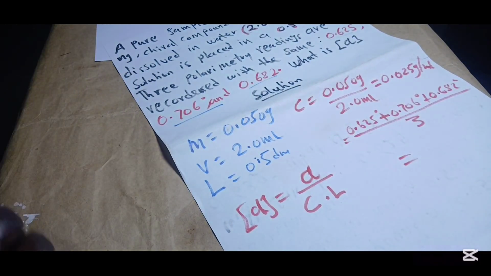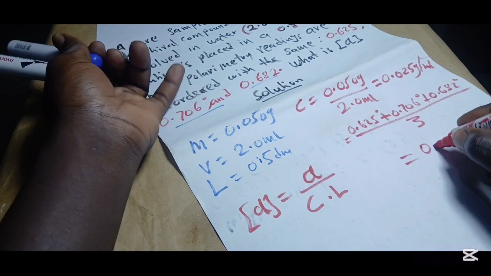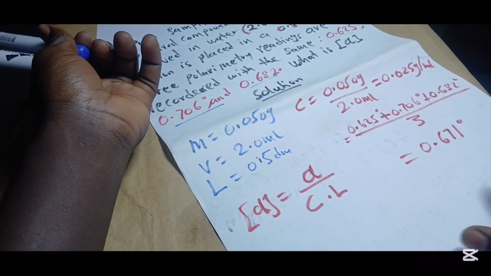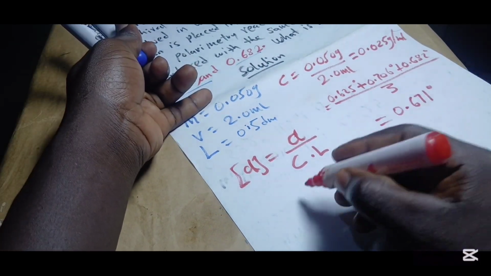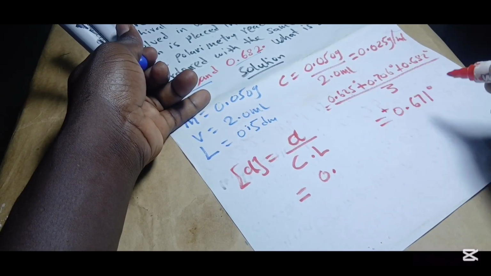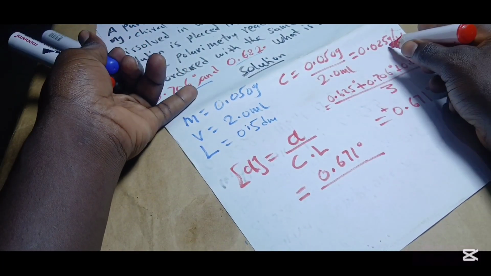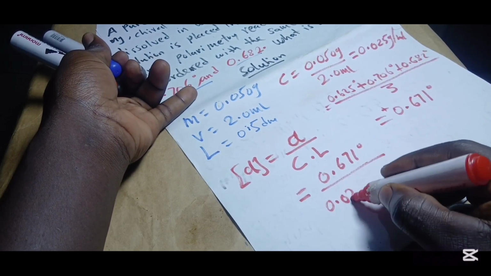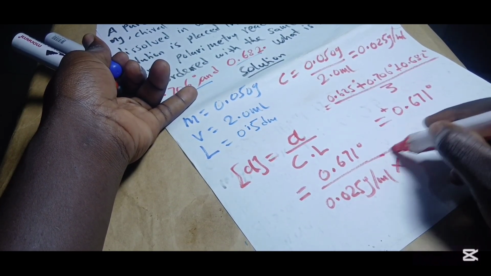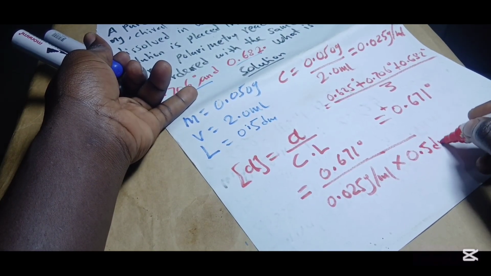So this will give us 0.671 degrees. That is the average observed rotation. So now we can continue with our calculation. 0.671 degrees, and it is positive, divided by concentration, which is 0.025 grams per ml, multiplied by path length, which is 0.5 decimeters.